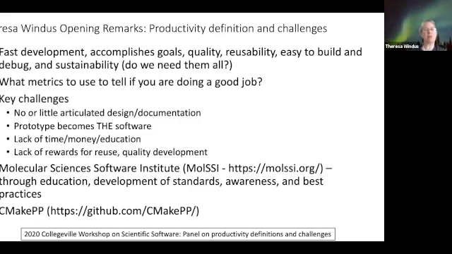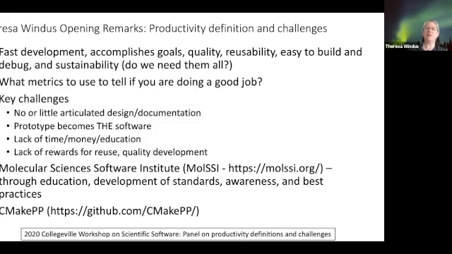Some of the couple of things that we're doing: I'm involved in the Molecular Sciences Software Institute, which is an NSF funded institute. We're working to try to educate our community on standards, awareness of just the issues of productivity, and best practices, especially in software engineering. So we're trying to help people who don't have a lot of formal training in computer science to actually get some of the education that they need.